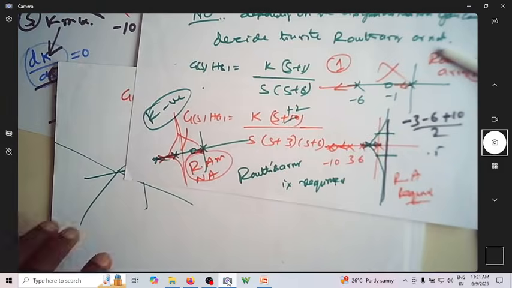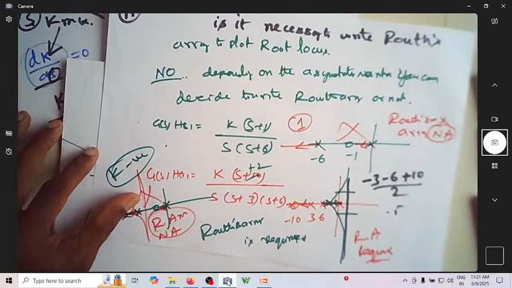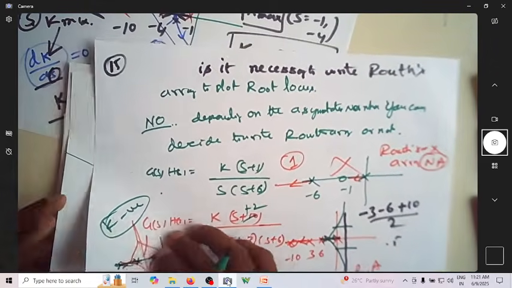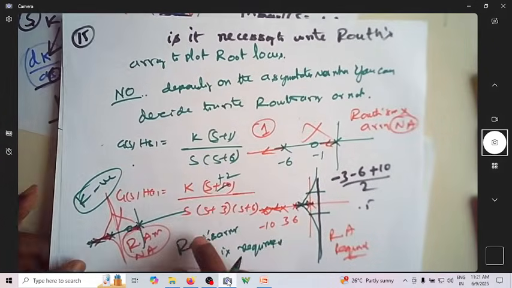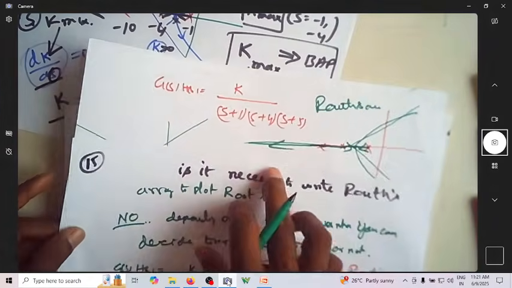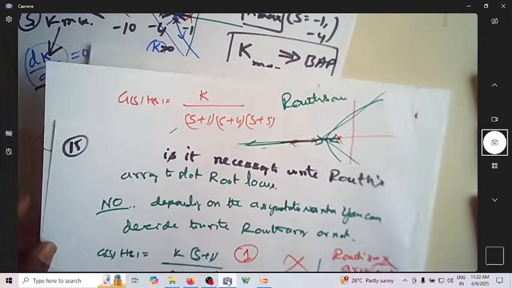That's where you should be thinking, and be in a position to know where the root locus exists, and then decide whether it is necessary to write the Routh array or not. If you have 3 or 4 asymptotes, then you must write the Routh array.